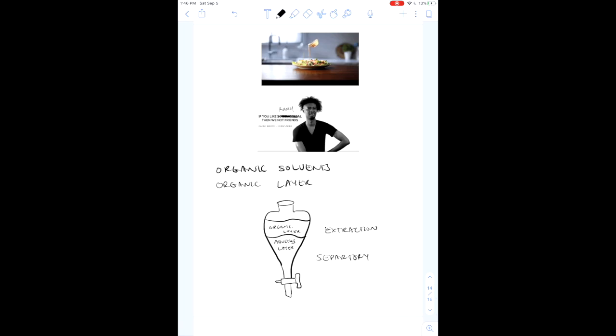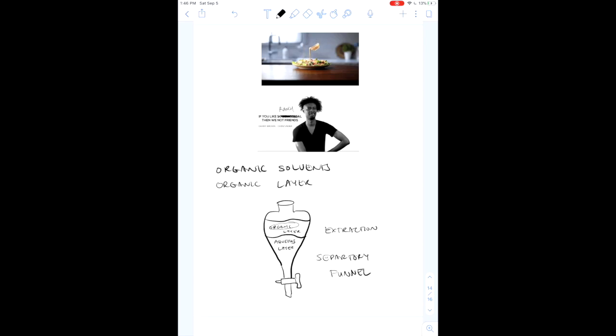So separatory funnel, and this allows you to basically dissolve your organic substance in the organic layer. Sometimes things like caffeine, for example, are soluble in organic solvents as well as aqueous or water, right?